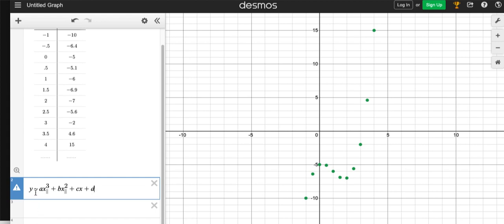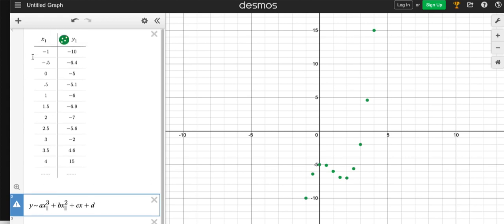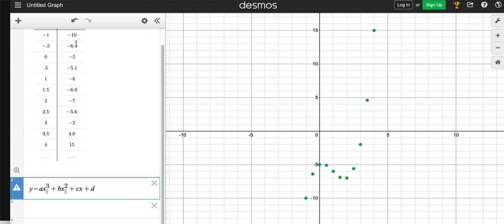And so you use the tilde instead of the equal sign. And then since we are dealing with x sub 1 and y sub 1, we are going to use that in our equation. What this is called is regression.